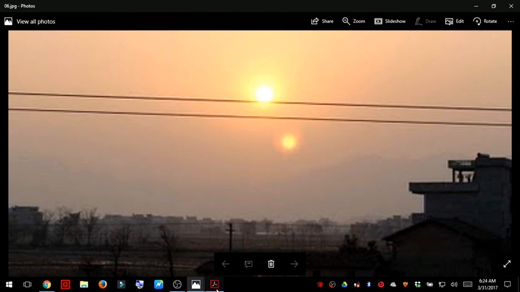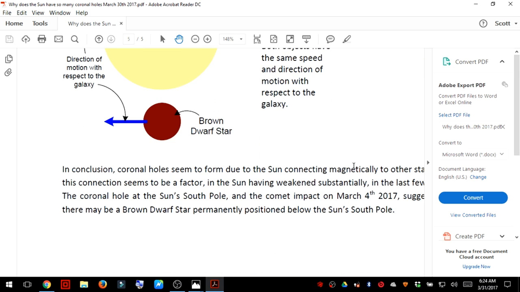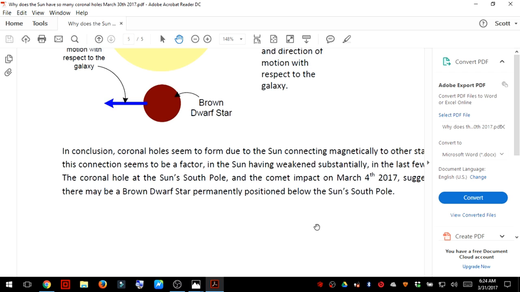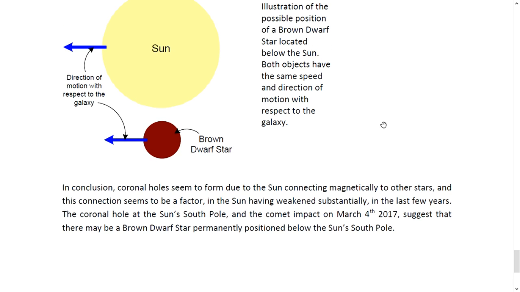So once again, ladies and gentlemen, we're just going by the observations that are being made by people all over the world, and also our physicist. She's working very, very hard on a lot of these subjects. And getting back to this report, in conclusion, coronal holes seem to form due to the sun connecting magnetically to other stars, and this connection seems to be a factor in the sun having weakened substantially in the past few years.